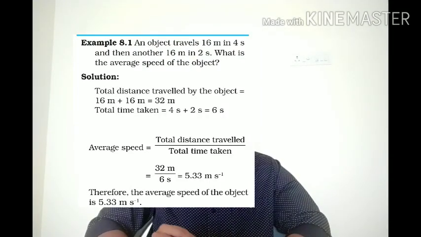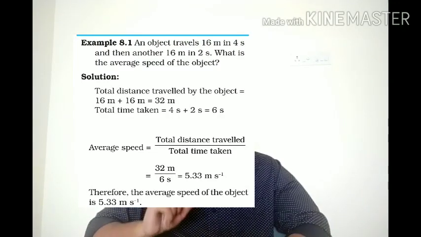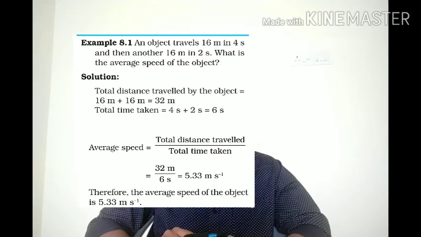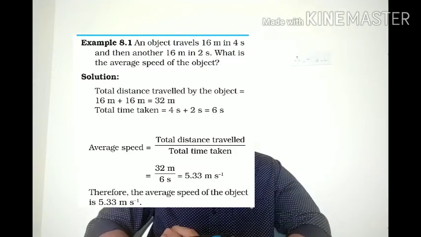Therefore, average speed is total distance by total time. So we get 32 upon 6, which gives the average speed as 5.33 meter per second. So this is how we find the average speed of an object.